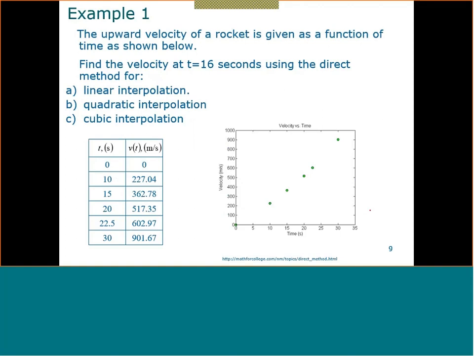I was asked by a student, can I use matrix inverse in the quiz, for example? No, you cannot, using MATLAB. You have to solve them. It's like an exam. In an exam, you cannot use the computer to solve the problems. Of course, you can use the computer to verify your answer.